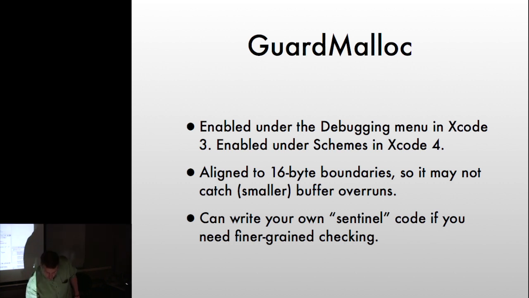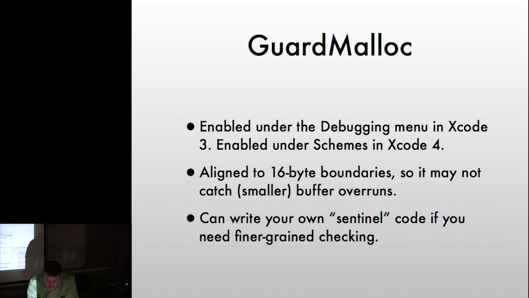When you have guard-malloc turned on, it spits out your project and the line number. It tells you ahead of time that it's running. That's why everything's going to be running very slowly. And it provides the warning message that sometimes it won't catch the underruns, sometimes the overruns, just because of the way that the buffers are aligned.